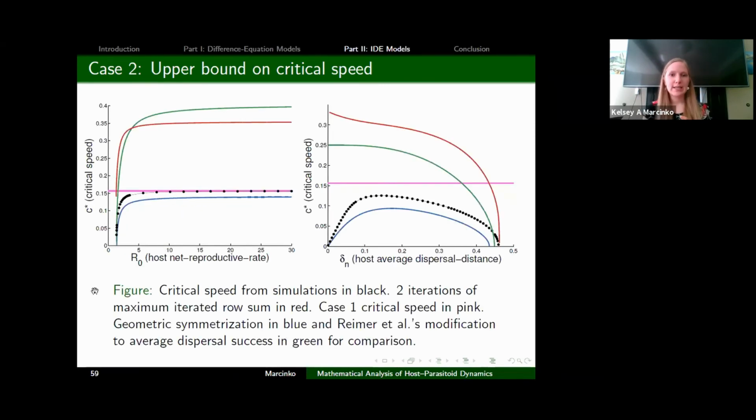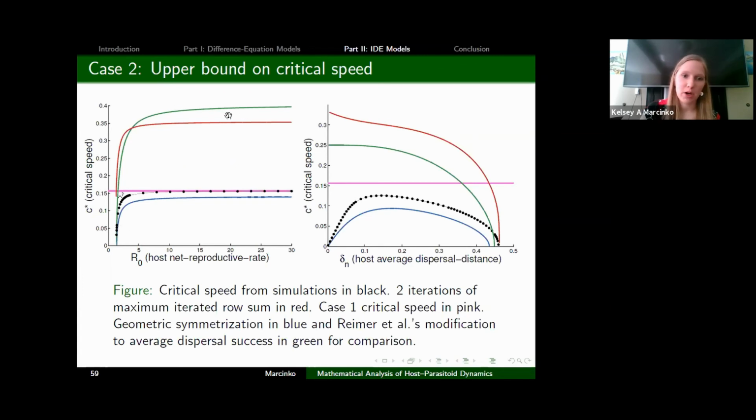When we look at how these different methods do, here I'm showing biological parameters on this axis, critical speed here. Blue is geometric symmetrization. Just for comparison, the black is the results from simulations. Pink here is case 1.